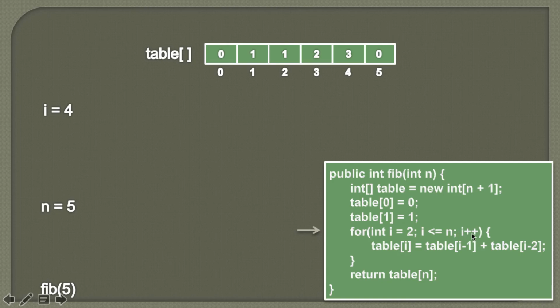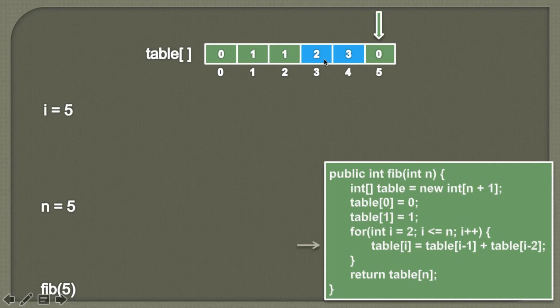Now we'll increment I by 1. So I becomes 5, and then we'll simply calculate the fifth Fibonacci number by doing the sum of its two preceding numbers, which is nothing but I minus 1, which is 5 minus 1 equal to 4, the fourth index, and I minus 2, which is 5 minus 2, which is 3, and that is nothing but the value stored at the third index.